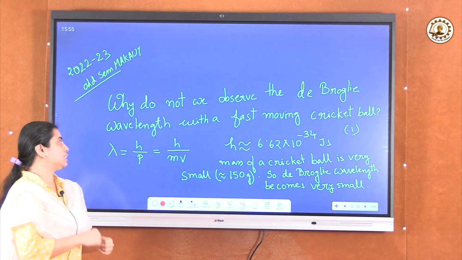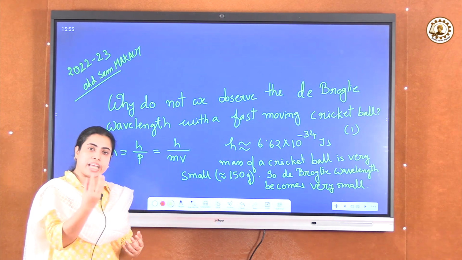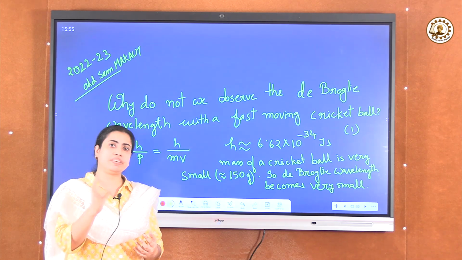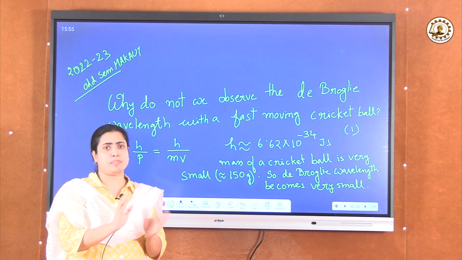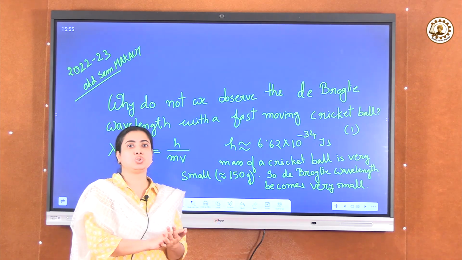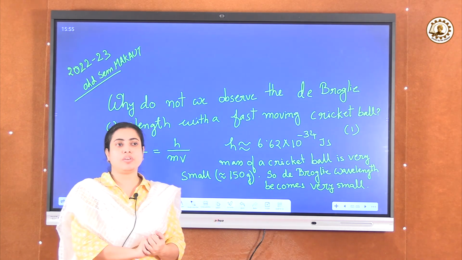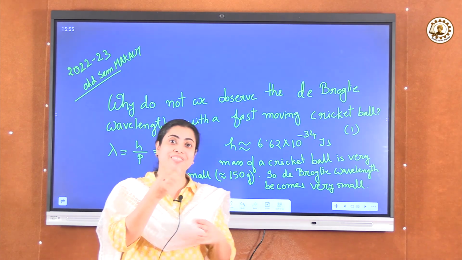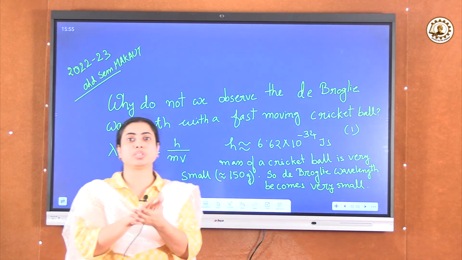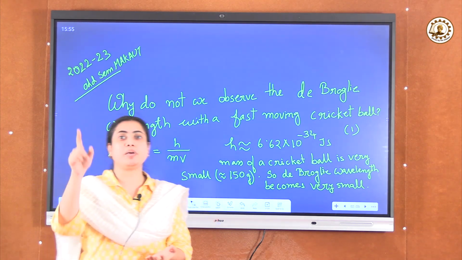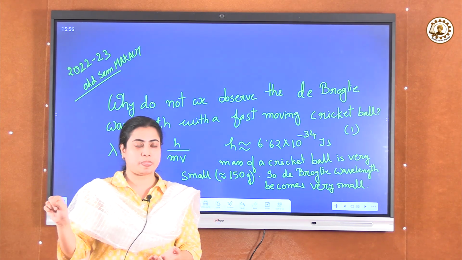So the logic is, look, a cricket ball has a mass of around 150 grams or nearby. So it is a very large mass compared to an electron, because the electron's mass is 9.1 into 10 to the power minus 31 kg.